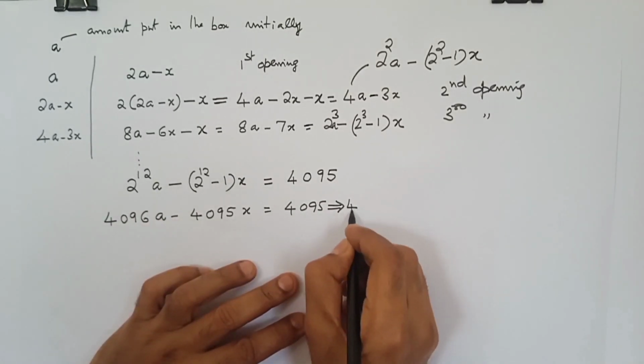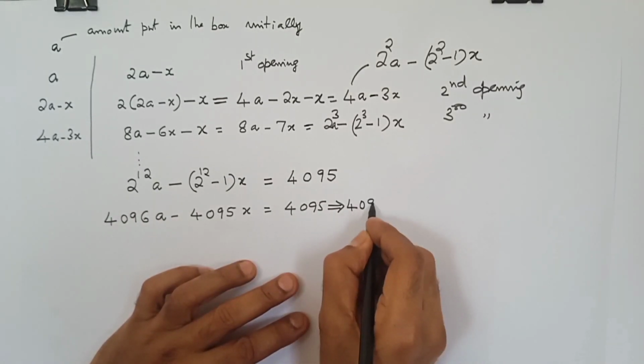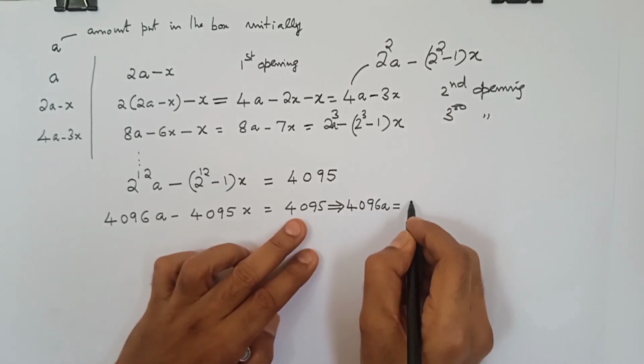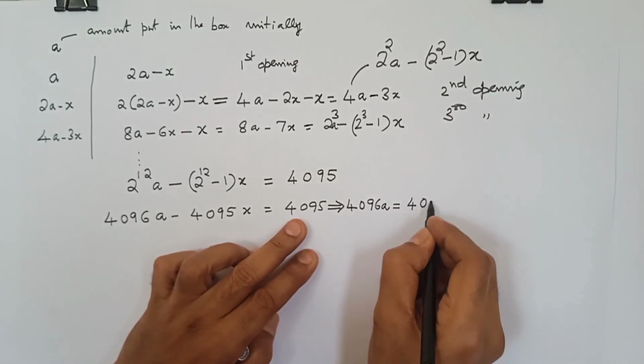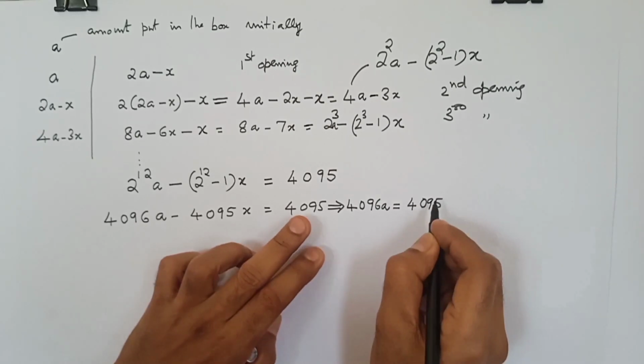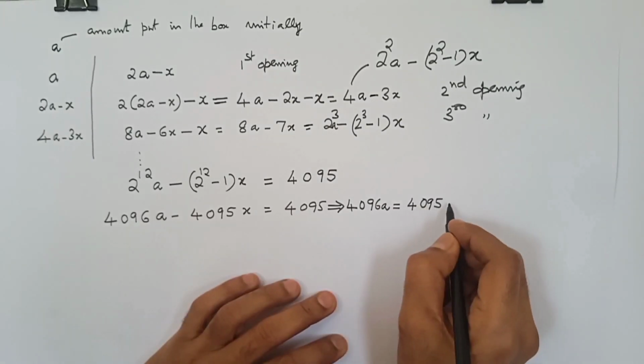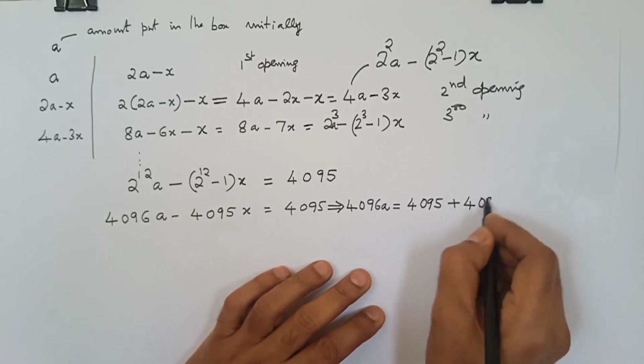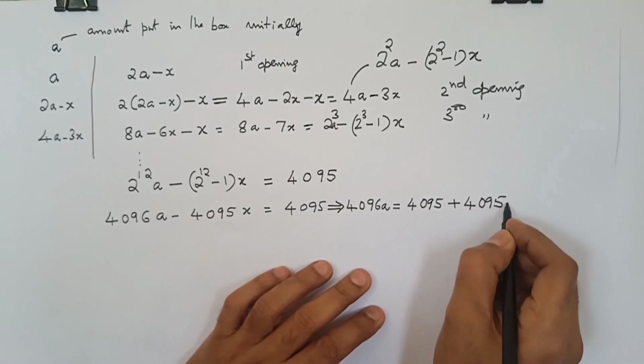So that will be 4096A equal to whatever is there already on the right side, and this you are taking to the right side. Minus becomes plus 4095x.